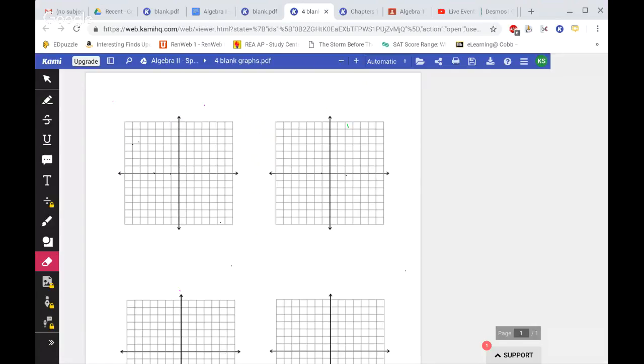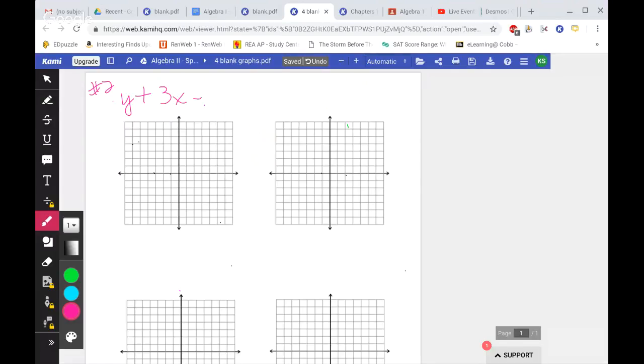So for number 2, guided practice number 2: y plus 3x equals -2. What I'm going to do is put in a table of values.